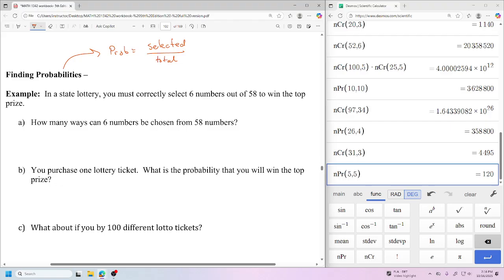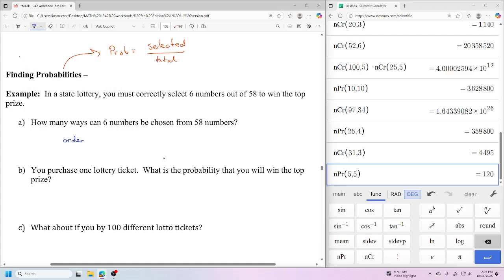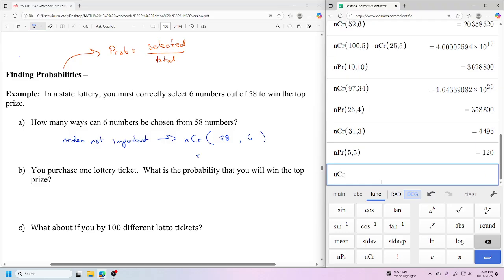No, order's not important, just like we said earlier. Therefore, I'm going to use nCr, very good. What's my total? And selected? Perfect. So this is easy so far. We've already done this before, basically.